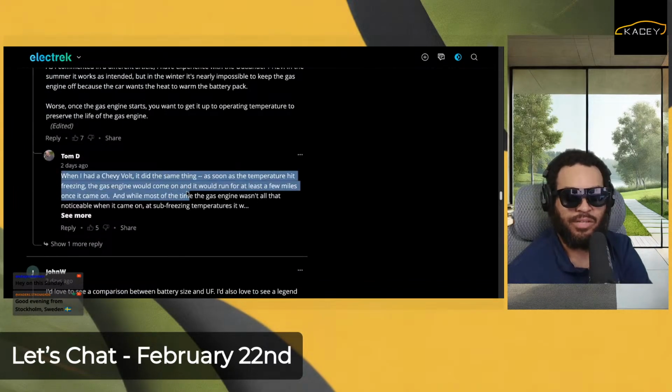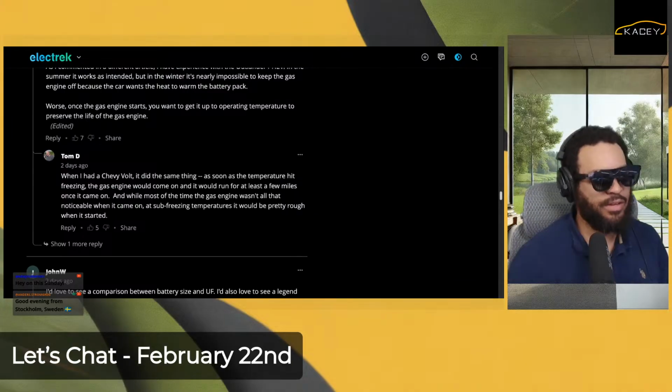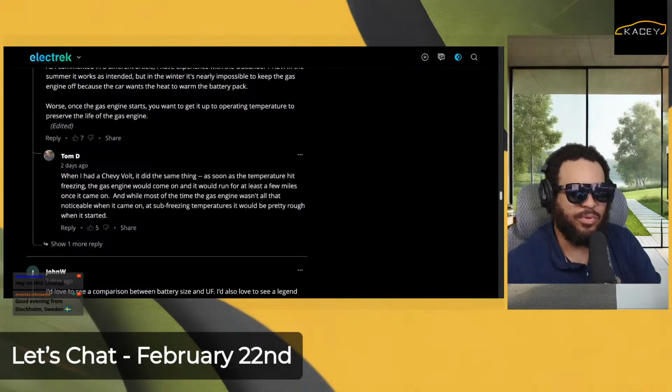When I had a Chevy Volt, it did the same thing. As soon as the temperature hit freezing, the gas engine would come on. It would run for at least a few miles when it came on. In Fat Prius mode. Well, I say that. It had a couple modes where it was just running the engine, and then it wasn't quite Fat Prius mode.